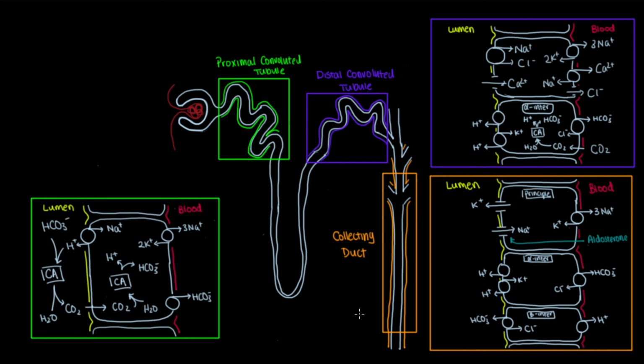And with the collecting duct, we're going to be introduced to some new types of cells. So the principal cell we have here, an alpha intercalated cell, which is the same one from up here, as well as some beta cells that we have here. And with the principal cell, what you may notice is that there is no movement of acid or any movement of bicarb.